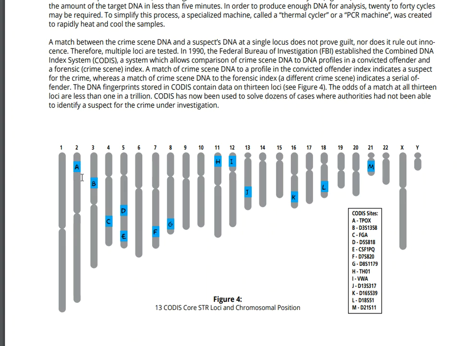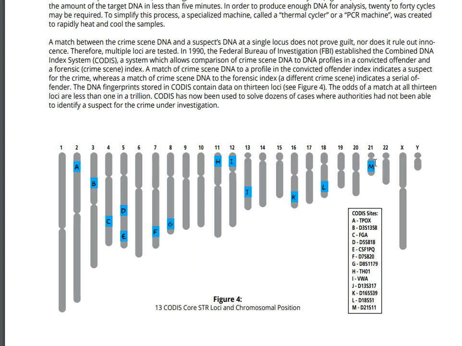They've labeled them as A, B, C, D, E, F, G, H, I, J, K, L, and M. So think of these 13 particular areas of the DNA as individual filing folders within a filing cabinet. And when you open the folder up, you have certain information on the inside. There's 13 of them. They do more than one.